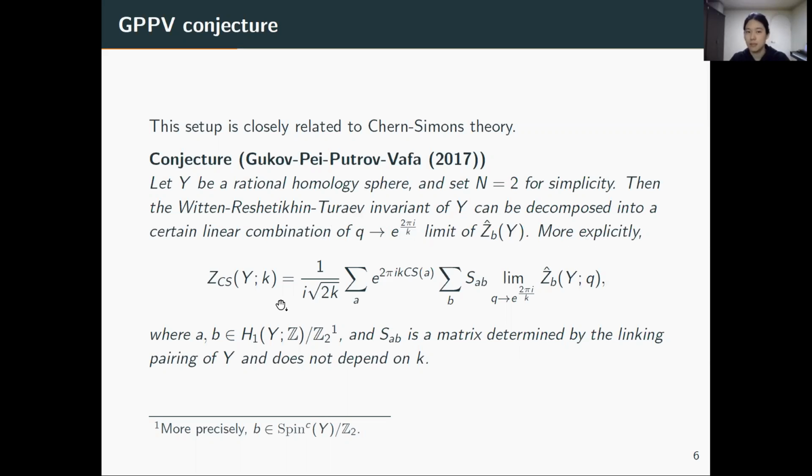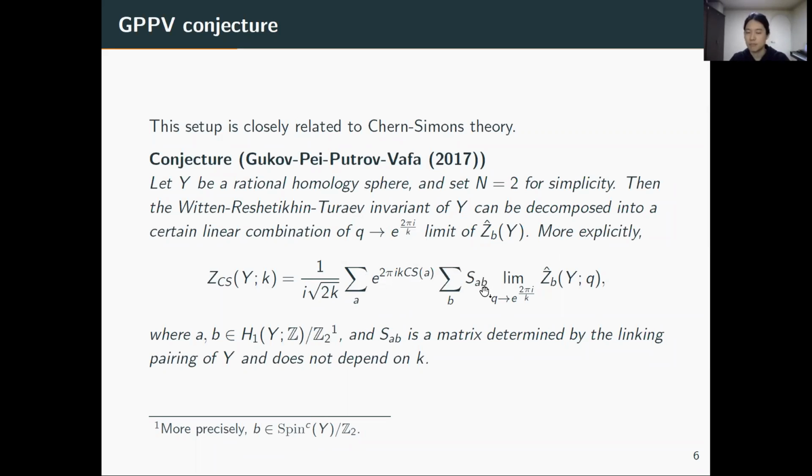More explicitly, this WRT invariant, or the Chern-Simons partition function, equals some normalization times a summation over a and b, where a and b are elements of the first homology group of Y modulo Z_2, which is the Weyl group. And here is a factor of e to the Chern-Simons action.